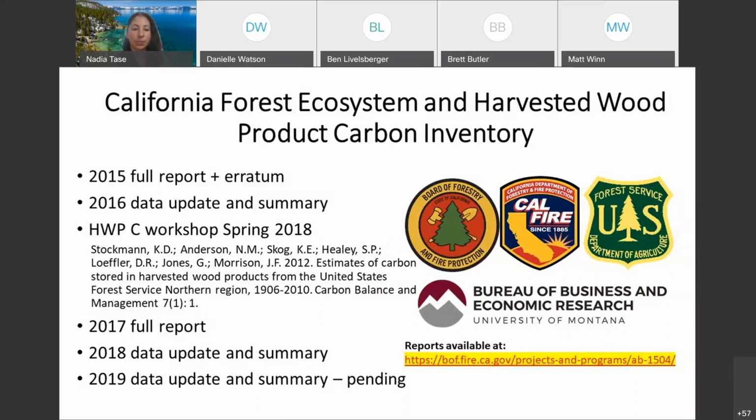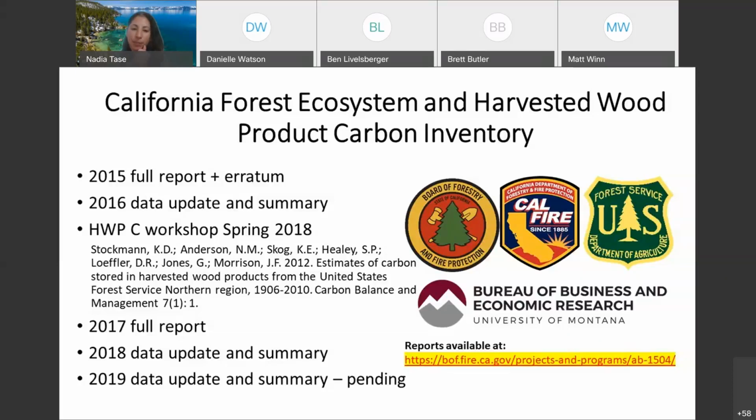But for harvested wood products, in the spring of 2018, CAL FIRE held a wood products carbon workshop during which the researchers from the University of Montana, Bureau of Business and Economic Research, and the Forest Service presented methods and data sources that they used for estimating harvested wood product carbon for the Forest Service regions.